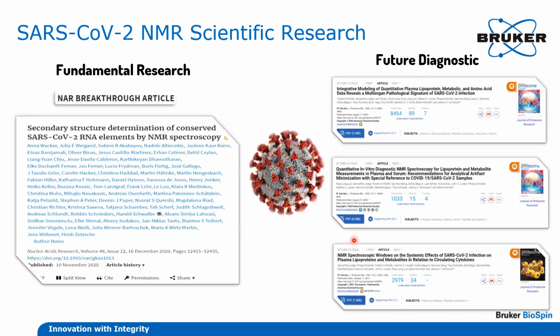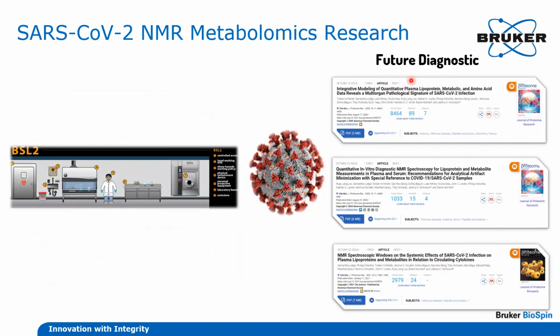The other important direction, which we are going to talk about today, is the metabolomics approach, which can usually be related to future diagnostics. For metabolomics related to SARS-CoV-2 research, we only need a laboratory with biosafety level 2.